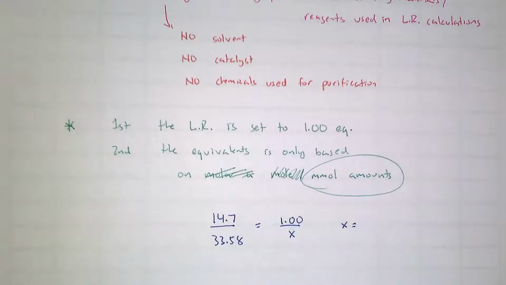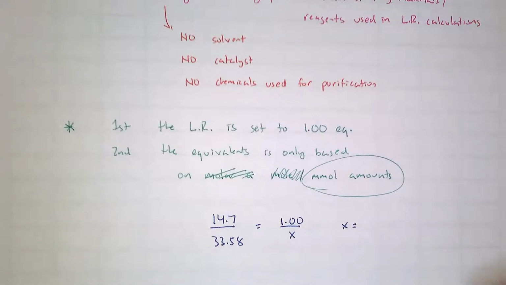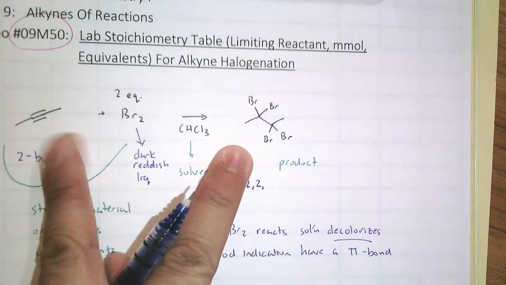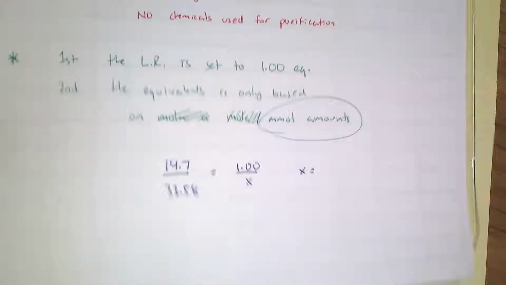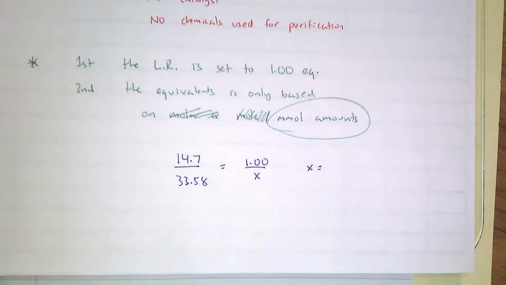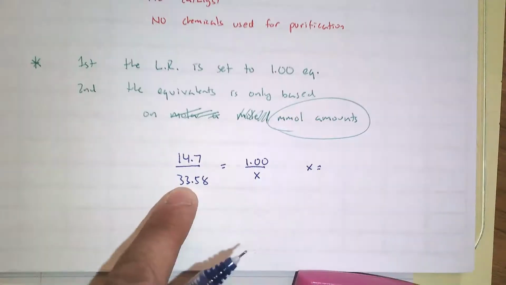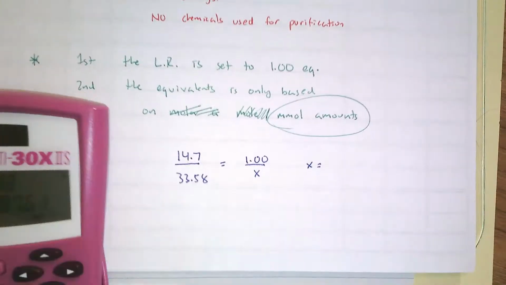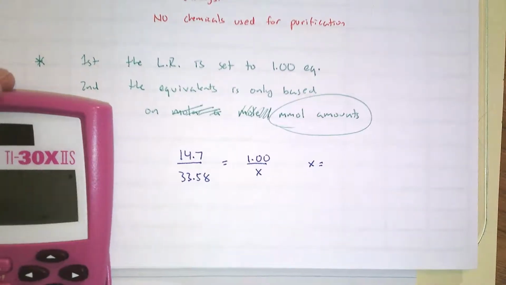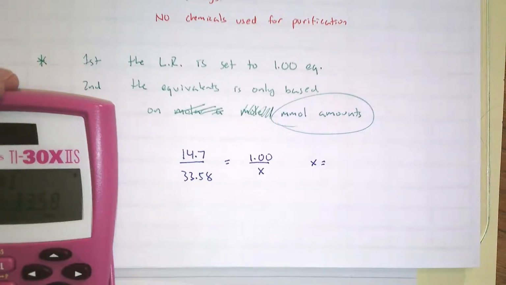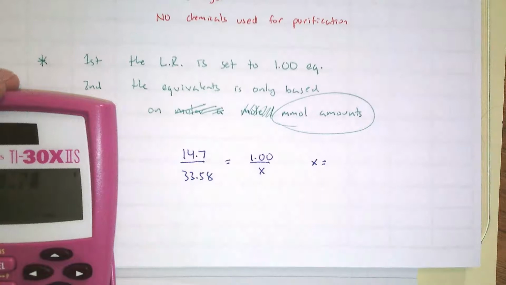Do you see how I'm not worried now whether it's a 2 to 1 ratio? I'm not worried whether it's a 1 to 1 ratio. We dealt with that. Just look at the millimole amount. So it's just parts. And since this number is bigger, we should hope that this X is bigger than 1. We're going to cross multiply, then divide by 14.7.